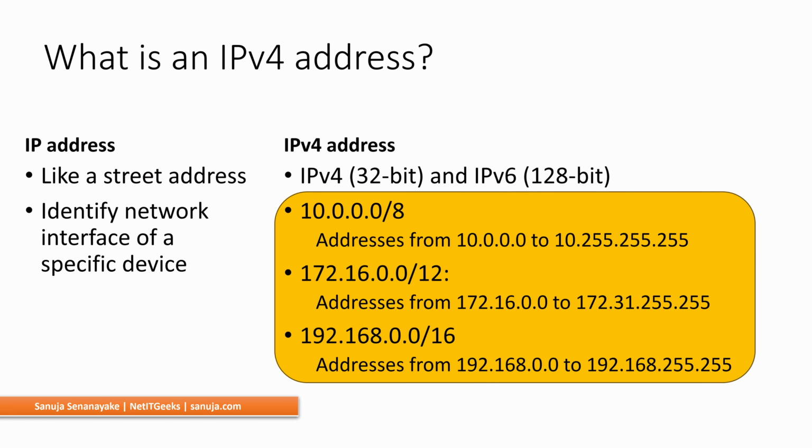Those private IPv4 addresses are within the range of 10.0.0.0/8, within this range 172.16.0.0, and 192.168.0.0/16 within this shown range.